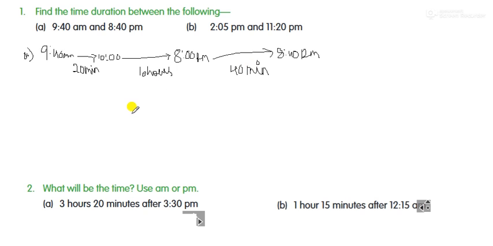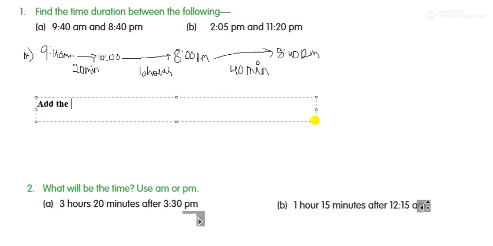Now add the minutes. 20 minutes plus 40 minutes equals 60 minutes.